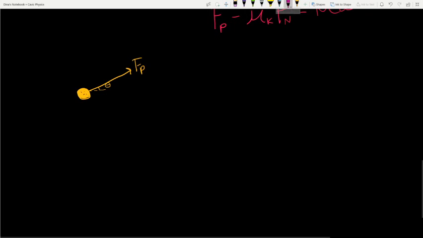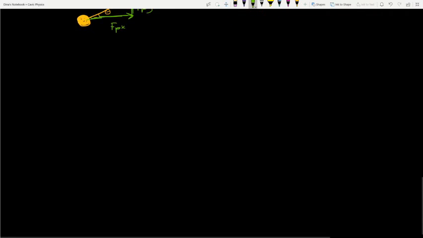We're going to have to break that push into its x direction push and its y direction push, Fpx, Fpy. So remember that when you're applying Newton's second law, you need to look at either the x or the y direction separately, not both together. So let's do another example problem here with an object that's on a ramp, because that's another time where we'd have to break forces into components.